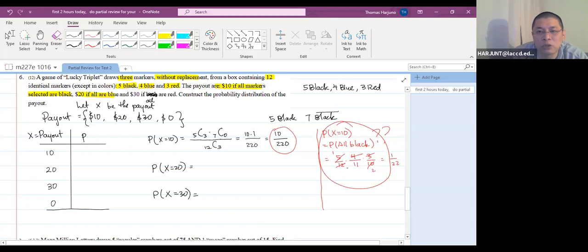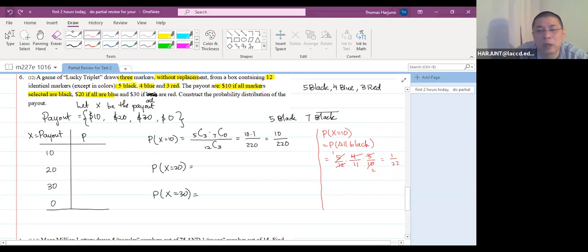Because when you do it this way, let's say you do black first and then black second and then red, you are working in a kind of order. While when I said 2 black and 1 red, I didn't imply the order is important. But in this case, you will see the probability of all black can be computed using the fundamental theorem of counting method. Just do it one by one.